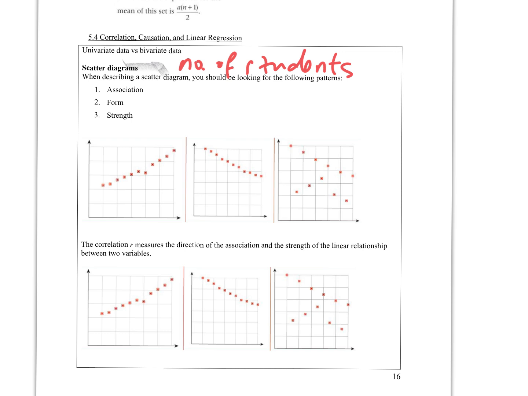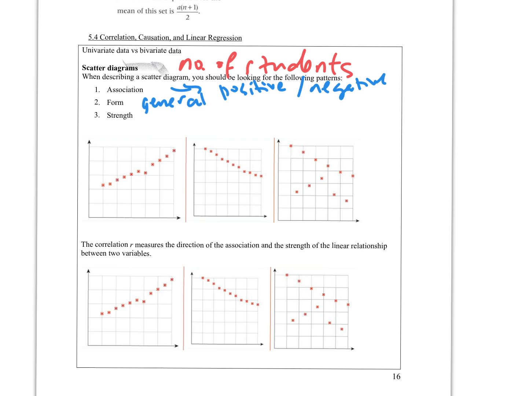If it moves down from left to right, then it has negative association. The form is the general shape. And the strength is determined by how closely the points follow the specific association and form.